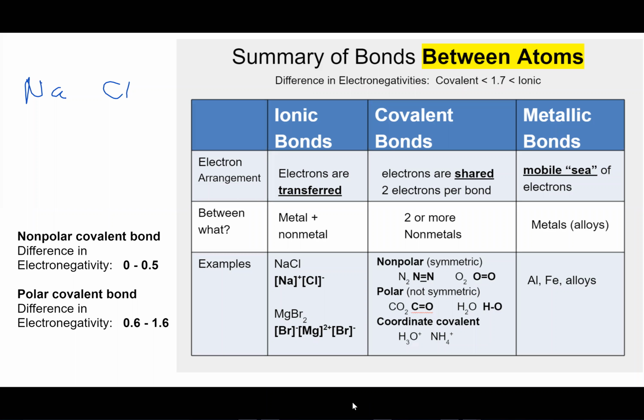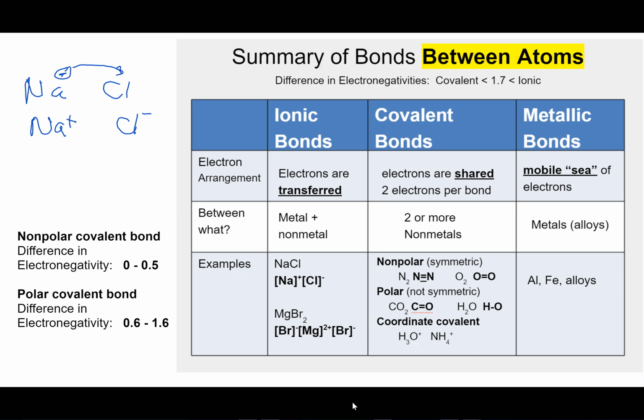The electronegativity of chlorine is so much higher than sodium that chlorine takes this electron and just steals the electron. So then you have Na+ and Cl-, right? So it completely steals the electron away. That's because the chlorine is so much stronger than sodium.